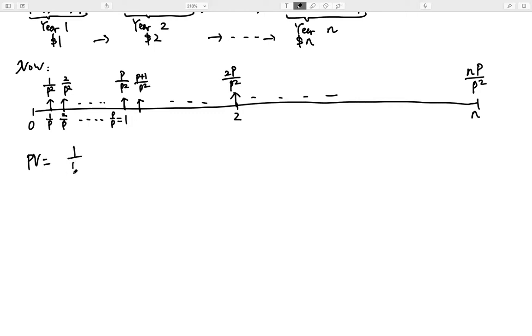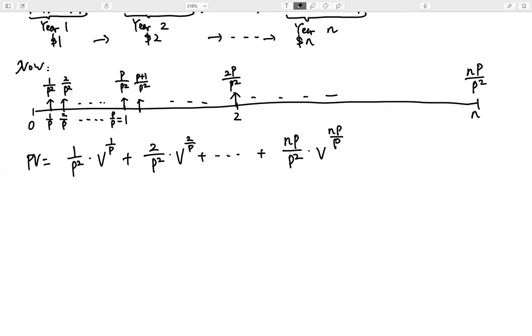The first payment is made at time 1 over P, so it's V to the power of 1 over P. The second payment is of size 2 over P squared and is made at time 2 over P. It goes on. The last payment is NP divided by P squared and is made at time N. If you want, you can write time N as NP divided by P.